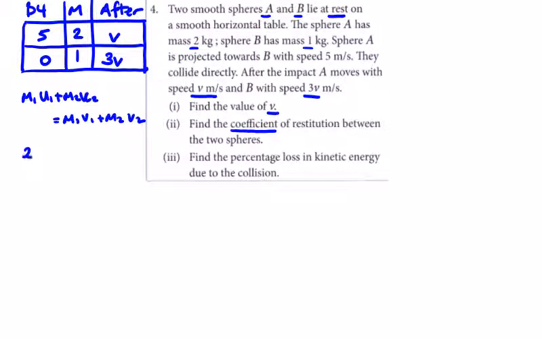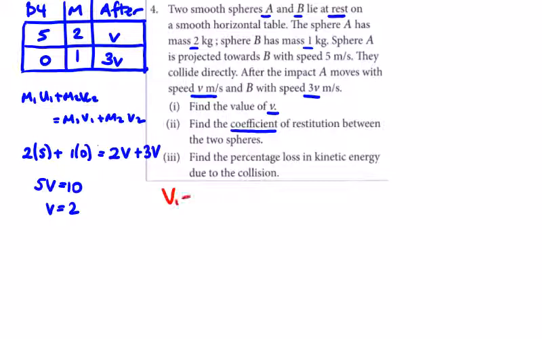So 2 by 5 plus 1 by 0 is equal to 2 by v plus 1 by 3v. So that's going to get 5v is equal to 10. So v is equal to 2.